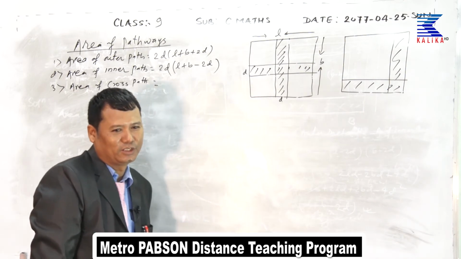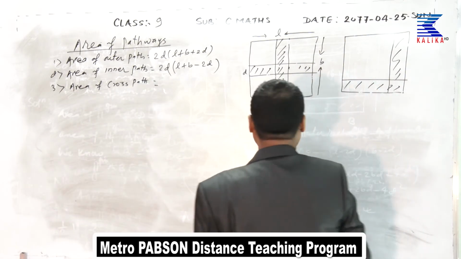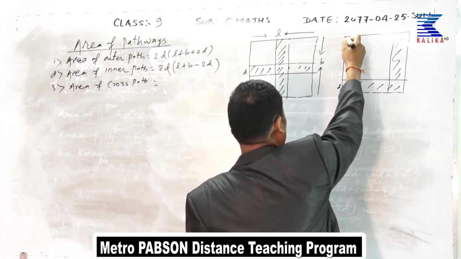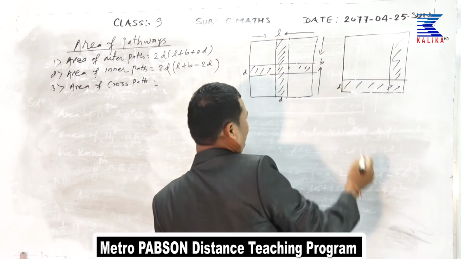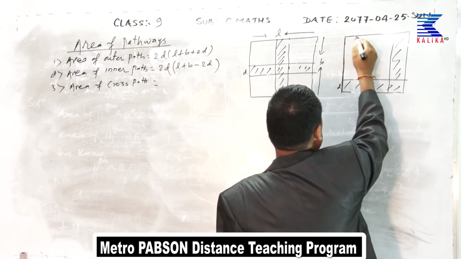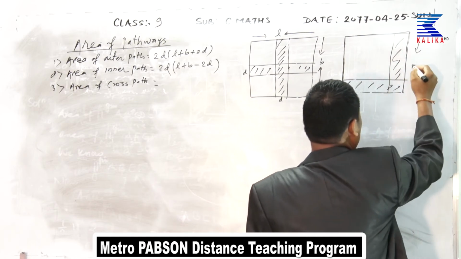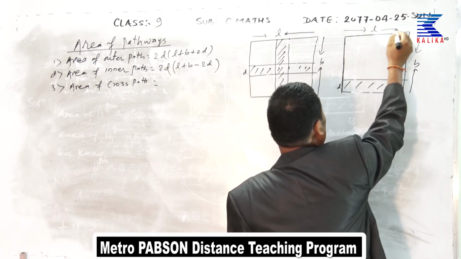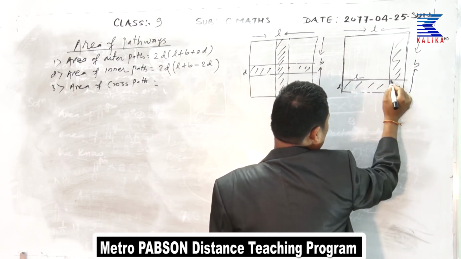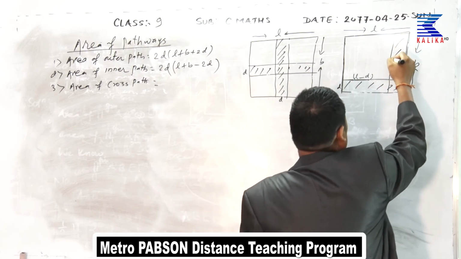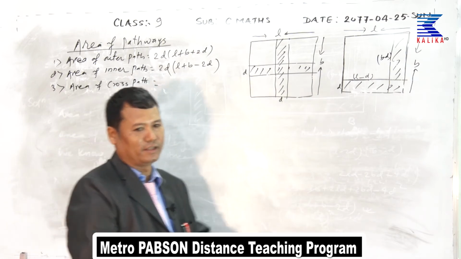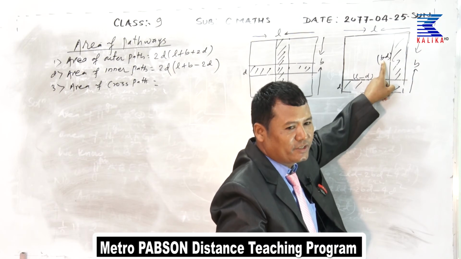Both are similar figures. The whole length minus D gives L minus D, and the whole breadth minus D gives B minus D.